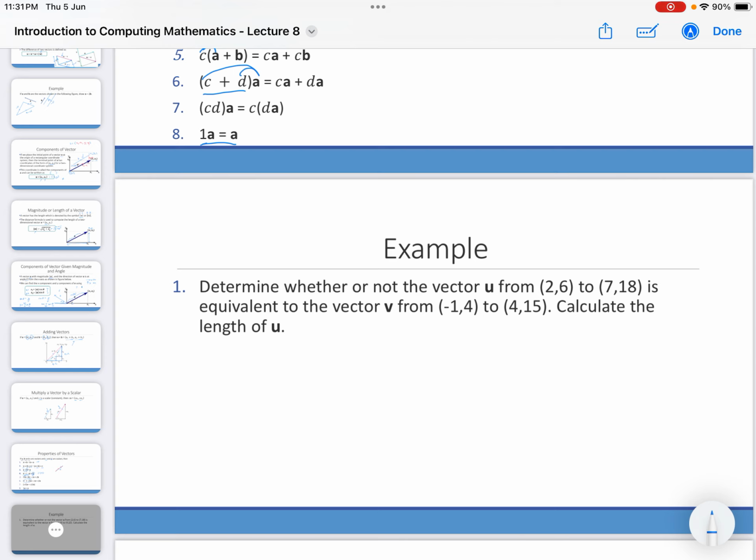Determine whether or not the vector u from (2, 6) to (7, 18) is equivalent to vector v from (-1, 4) to (4, 15), and then calculate the length of u. So we know just now that equivalent means it will have the same direction and the same magnitude.